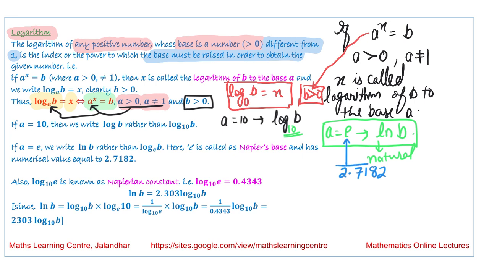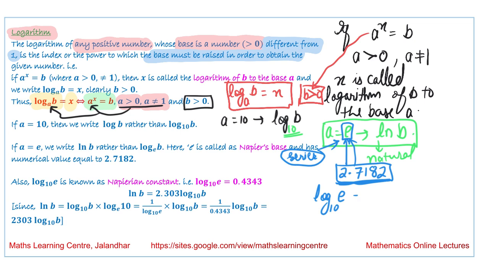The numerical value of this number e is 2.7182. This number e we will study when we talk about sequences and series. It is basically a limit of a series that we will study over there, but right now you can see it as just a number 2.7182.